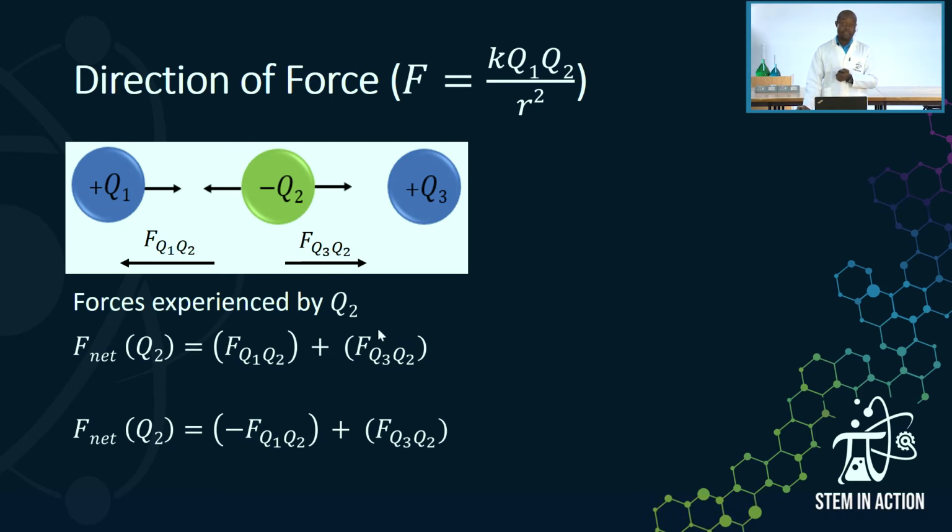And FQ3Q2 is going to be positive because it is going to the right side.